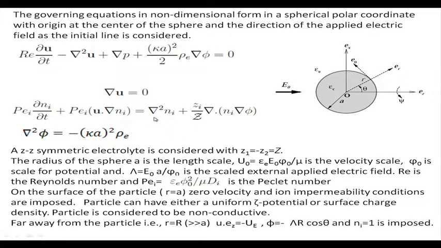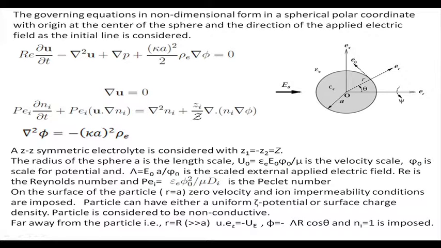If it is a Z-Z symmetric electrolyte, we will have 2 ionic species, so we will get 2 equations for the ion transport. Again, it is coupled with the velocity field, and of course the velocity field is coupled with the electric field phi and the charge density rho e. Rho e, as you know, is the net charge density.